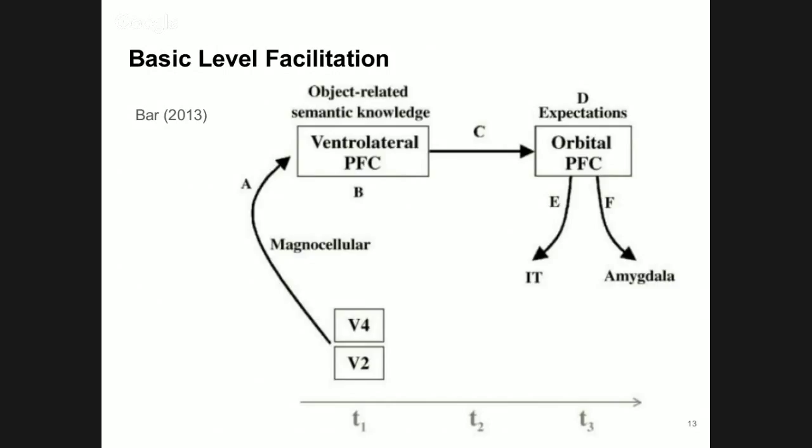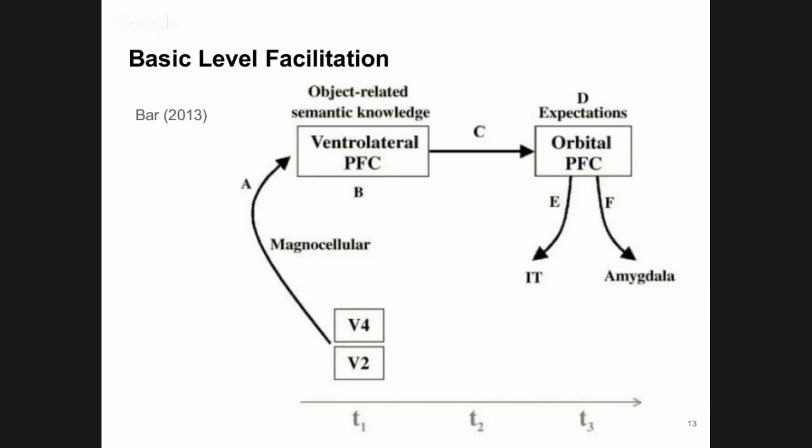After we finish the basic level classification, that information can project back into another pathway that goes from V2 and V4 all the way to IT. So the slow pathway in IT can use the information processed by the fast pathway that goes from V1, V2 to the PFC. That's his basic idea.